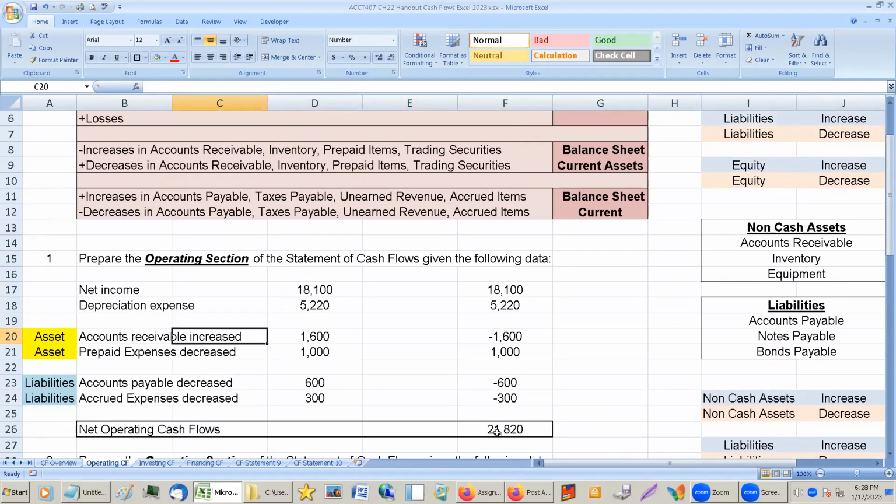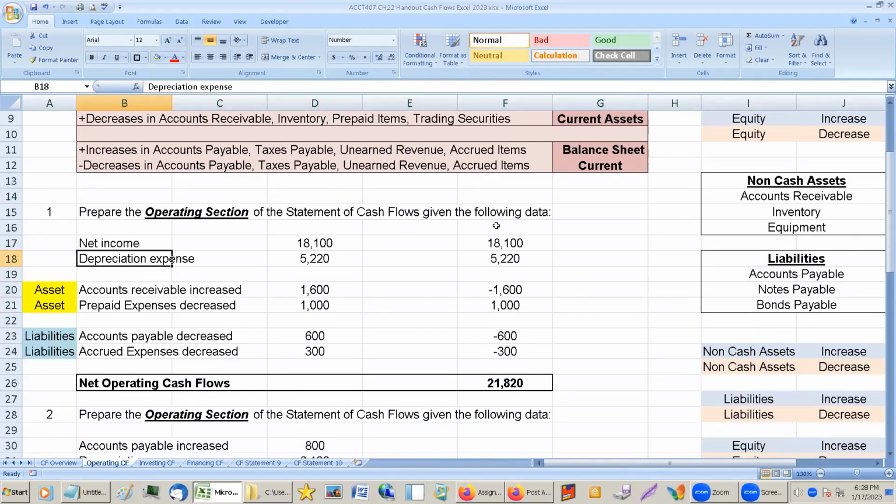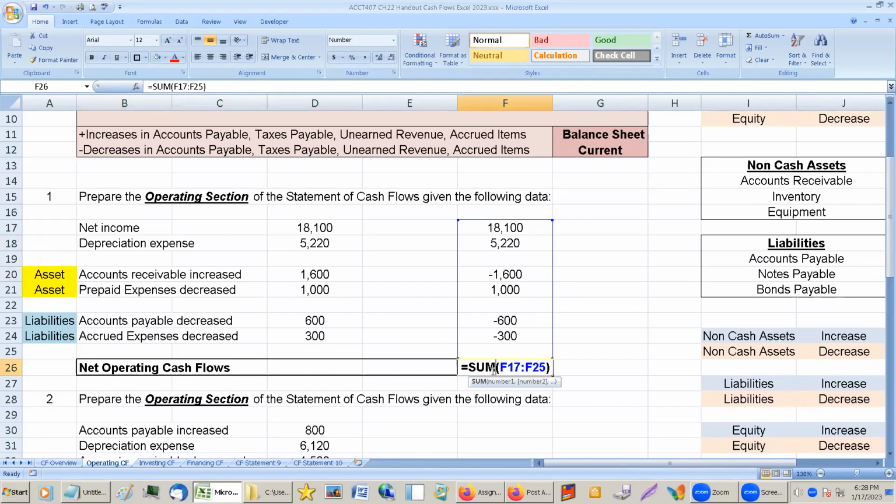And by the way, it's fairly common to have net operating cash flows be higher than the net income because of the depreciation. So it's very common to have cash flows that are higher than the income. And sometimes you can even have income that's a loss and positive cash flows.